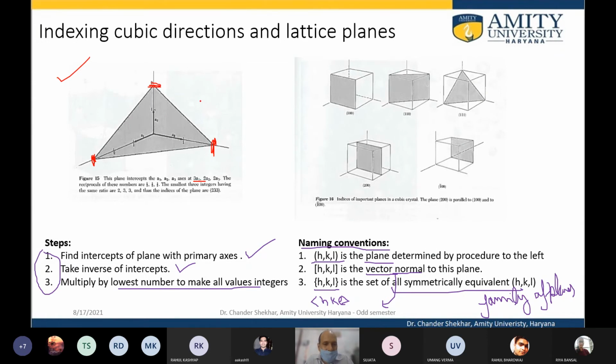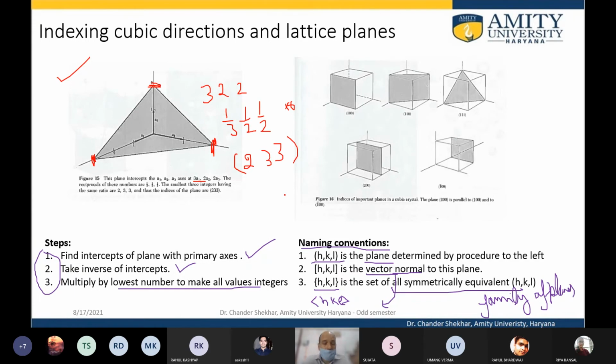So the intercepts become 3, 2 and 2. If I take the reciprocal, 1 by 3, 1 by 2, 1 by 2, and reduce them to whole numbers, I can simply multiply by 6, and so it becomes 2 3 3. So 2 3 3 becomes the Miller indices of the plane.